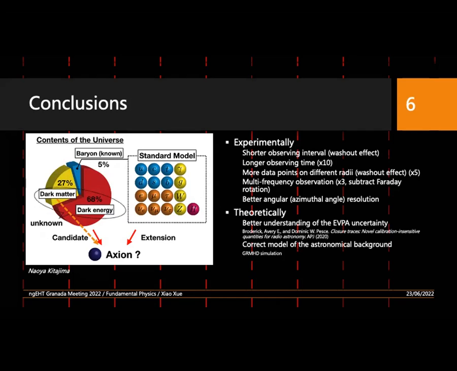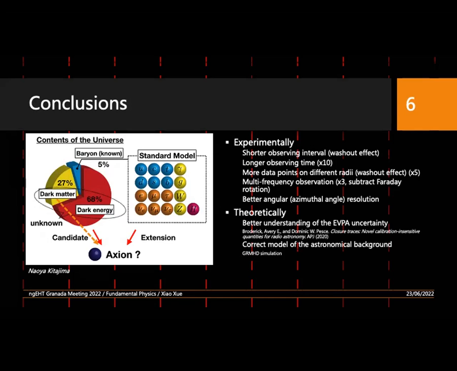Except for the experimental improvements that we can easily make, as I showed here, which means more data and better resolution, which is not a very difficult thing to achieve in ngEHT, there are also some theoretical things that we can improve, including a better understanding of the EVPA uncertainty.